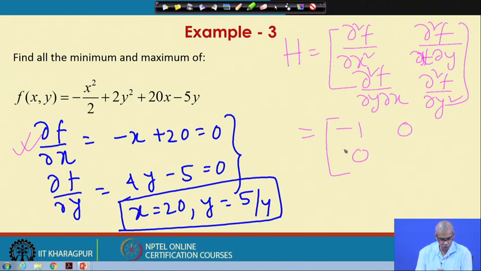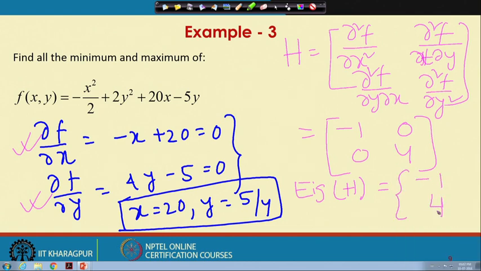So, this is also 0 and this is 4. So, here for this example, the eigenvalues are basically the diagonal elements. So, the eigenvalues of H are equal to minus 1 and 4.